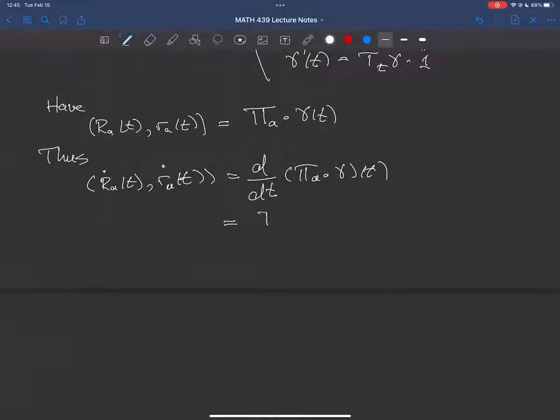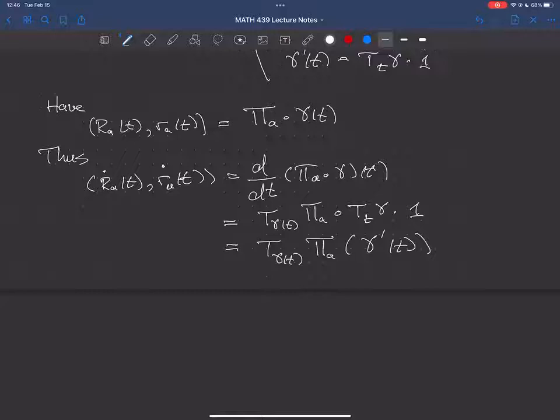It looks like T gamma of t pi_a composed with T gamma, and because I'm taking the normal time derivative, I put this 1 here, evaluated at 1. Okay, so in other words, this is T gamma of t pi_a at gamma prime of t.